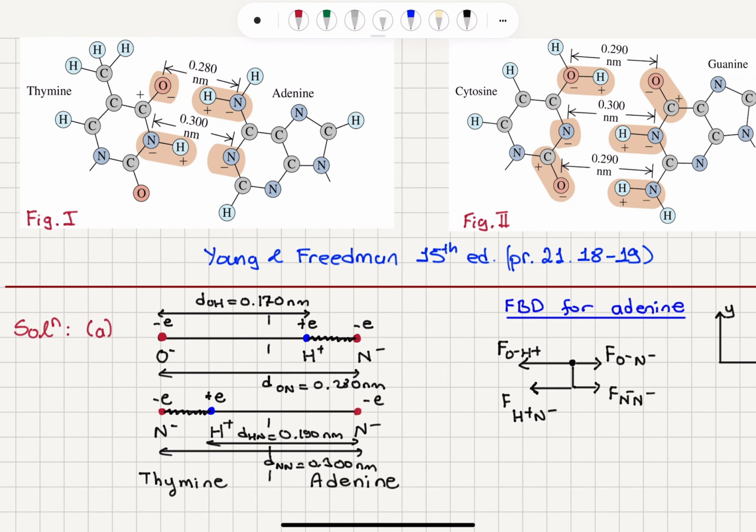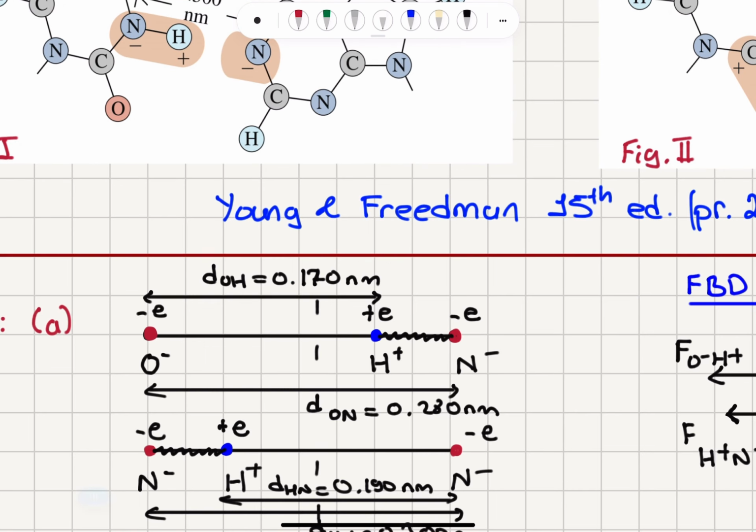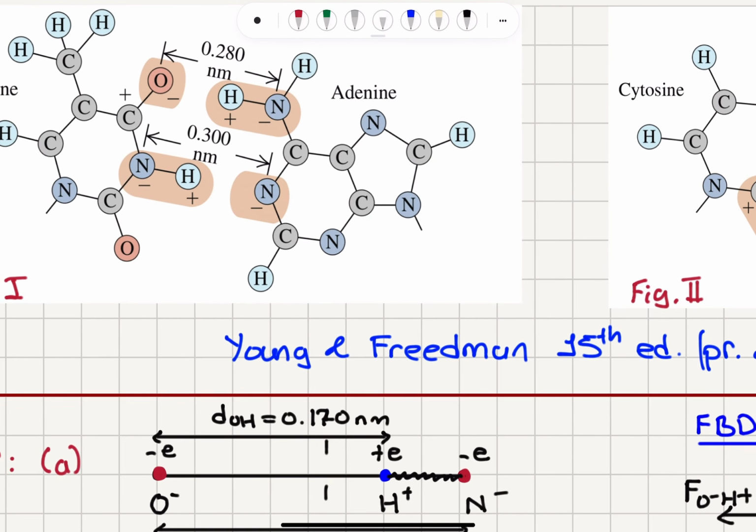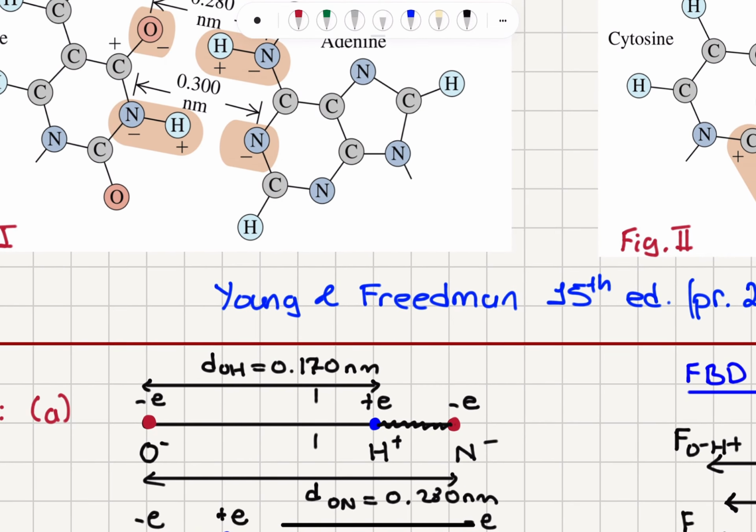Okay, so we have oxygen minus here containing one excess electron, and then we have hydrogen plus here containing one excess proton, and nitrogen minus, one excess electron. So this is O minus, H plus, and N minus.